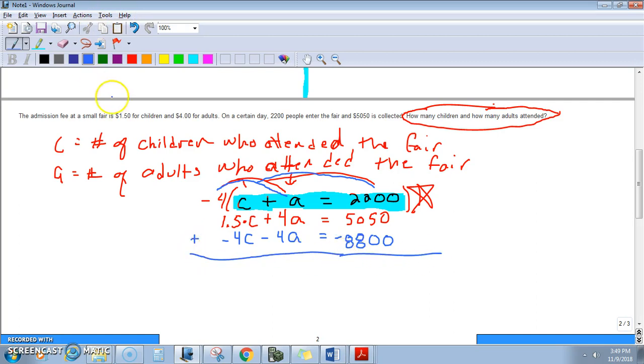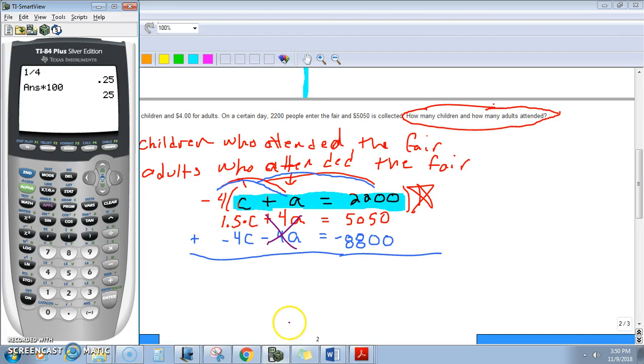Okay. And I'll change colors again. So these two are eliminated. So that's why we're going to be solving for C. So if I combine positive 1.5 minus 4, and you guys feel free to use a calculator. I'll open the calculator. So that would be 1.5 minus 4. Okay, you get -2.5C.